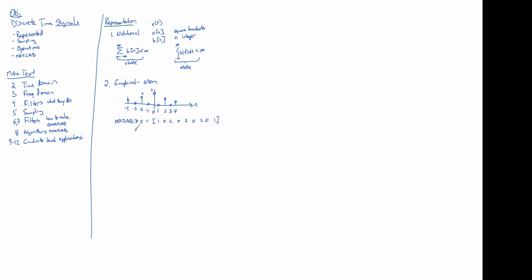And then you'd need to create an index vector. And so for this one, it would be -4, -3. Man, that's going to take a long time. Instead of saying it this way, let's just say n equals -4 colon +4. You can put a semicolon after it so it doesn't echo it to the screen.